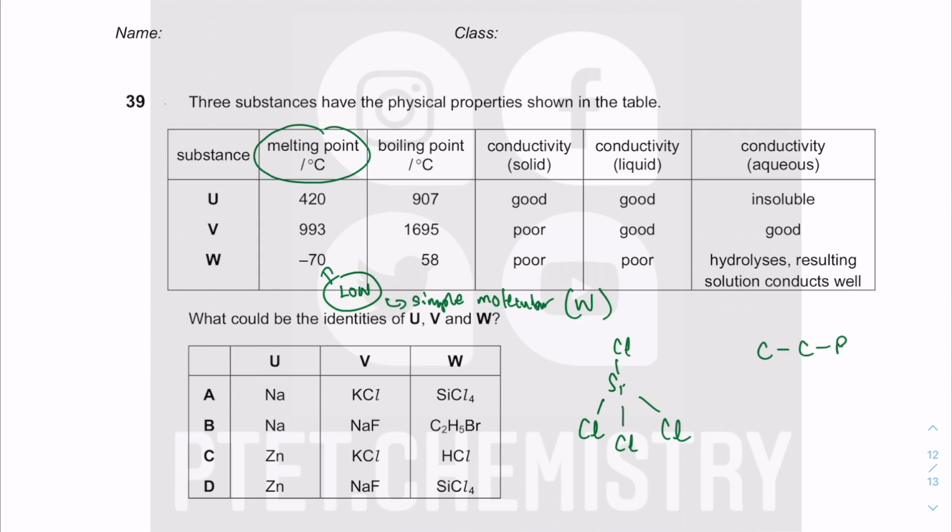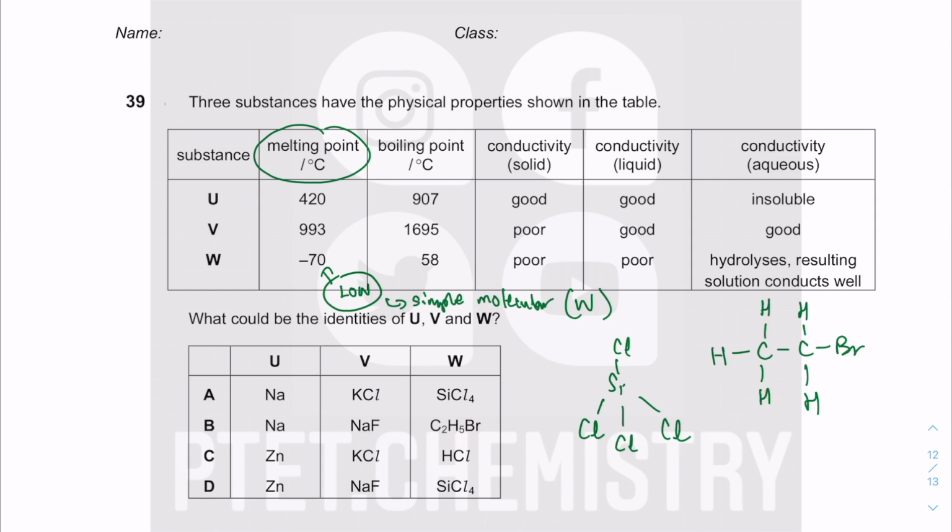C2H5Br: carbon, carbon, hydrogen, hydrogen. Like I said in the lecture tutorial, carbon forms 4 bonds, 1, 2, 3, 4. Carbon forms 4 bonds, 1, 2, 3, 4. Hydrogen forms a single bond. And then bromine, group 7, forms 1 single covalent bond. This is C2H5Br: C2, H5, 1 Br.